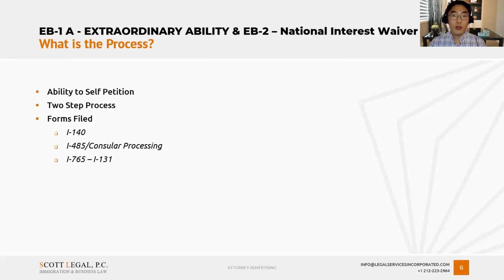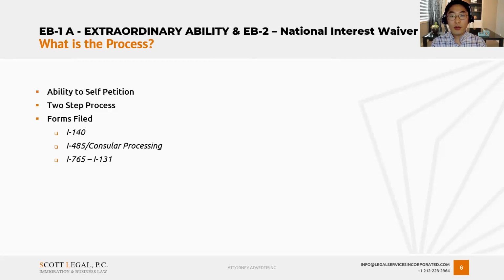The second step will depend on your situation. If you are already in the United States and an immigrant visa number is available by visa bulletin, then you may be able to file Form I-485 for the adjustment of status. In some cases, I-485 can be filed at the same time as I-140 simultaneously.